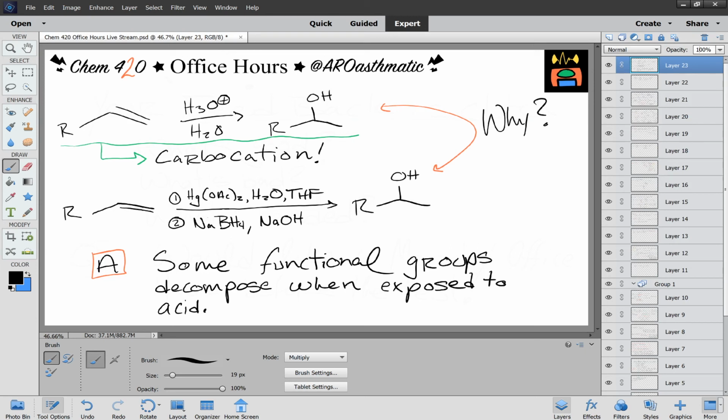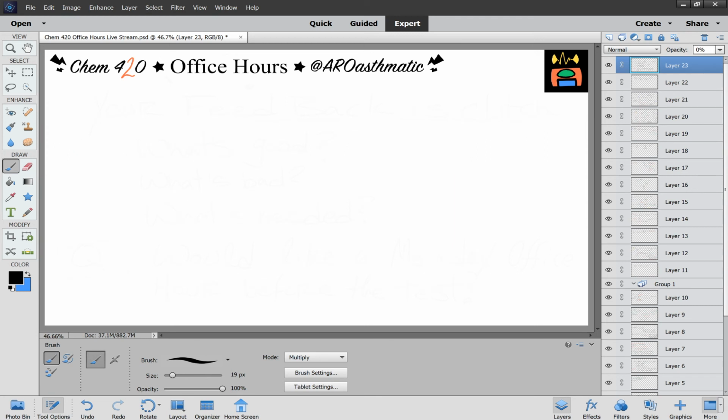So another reason why it's good to have oxymercuration is, for example, if you took the following substrate and you did H3O plus and water.